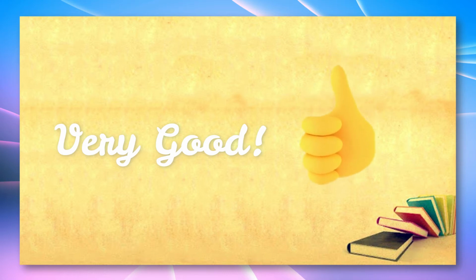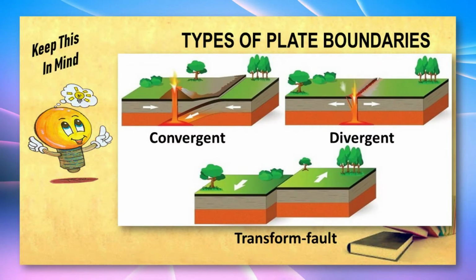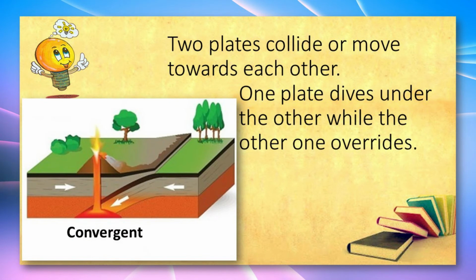Now, let us discuss how each type differs from each other in terms of plate movement. The three types of plate boundaries are convergent, divergent, and transform fault. In a convergent plate boundary, two plates collide or move towards each other.